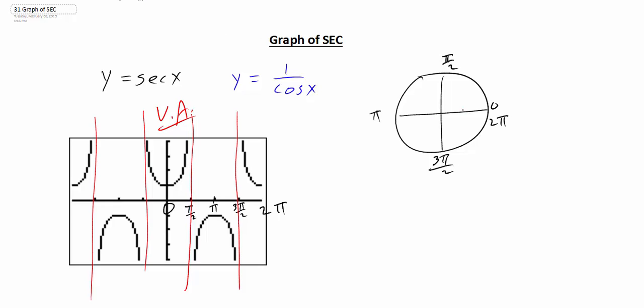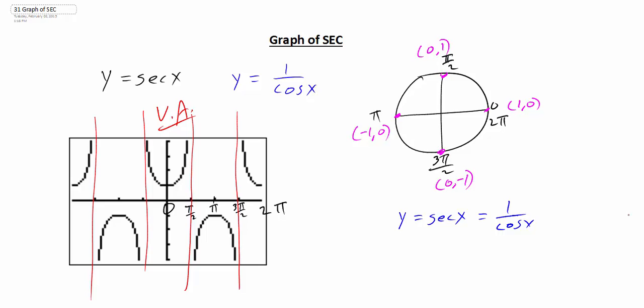We have our coordinates 1, 0, 0, 1, negative 1, 0, and then at the bottom we have 0, negative 1. So if we look at plotting points here as we go around for the graph of secant, if we have y equals secant x, then we're really looking at 1 over the cosine. And what's going to happen at pi over 2?